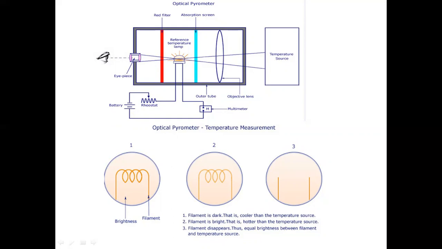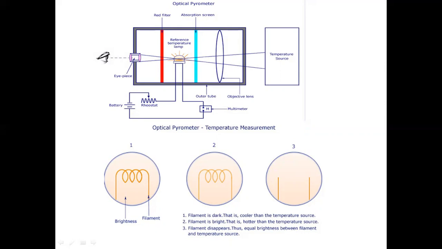So what we try to do is match the brightness of this reference temperature lamp to the temperature source. You have an object which is a source of temperature, and it has some brightness, and there is a reference temperature filament inside the pyrometer with some brightness which is in your hand. Okay, so we try to modify the brightness of this reference lamp to a certain limit such that the two brightnesses become the same.